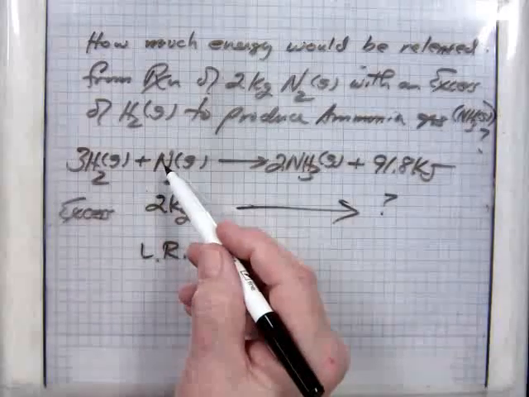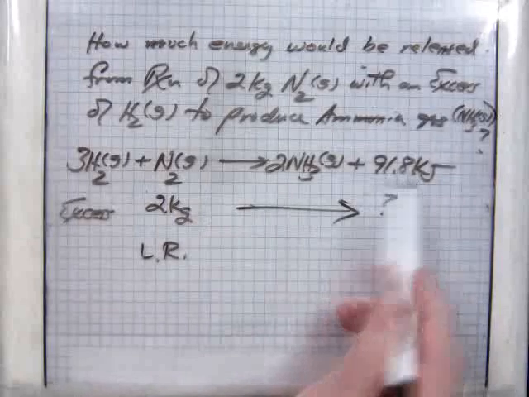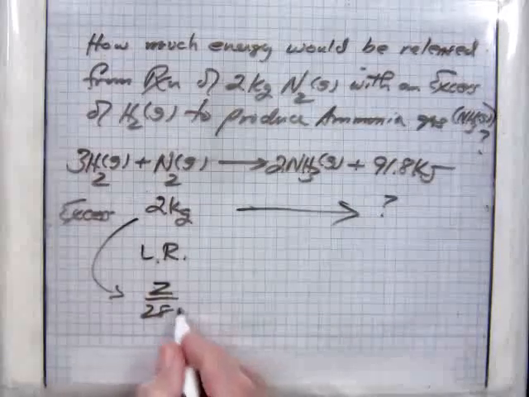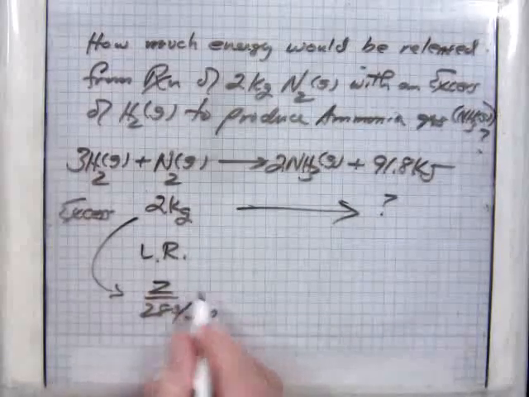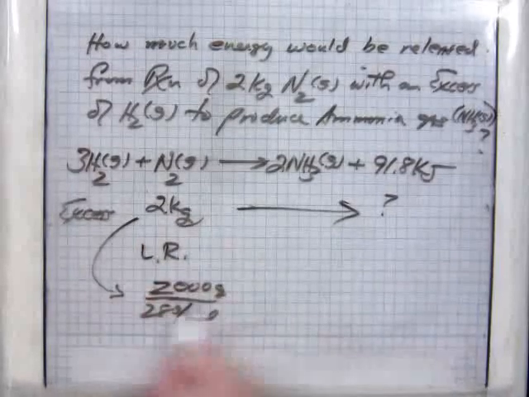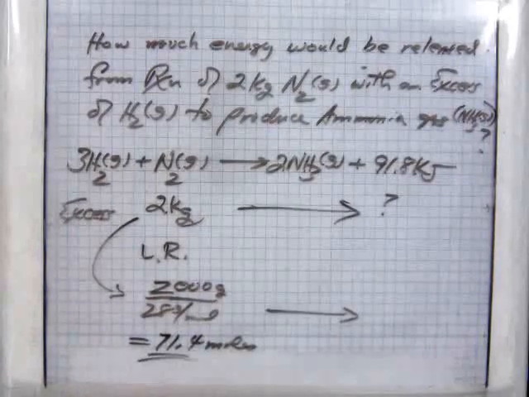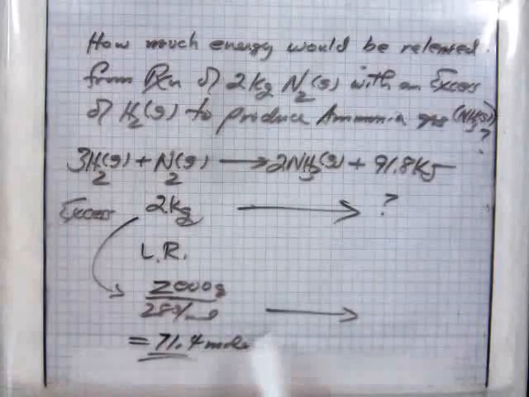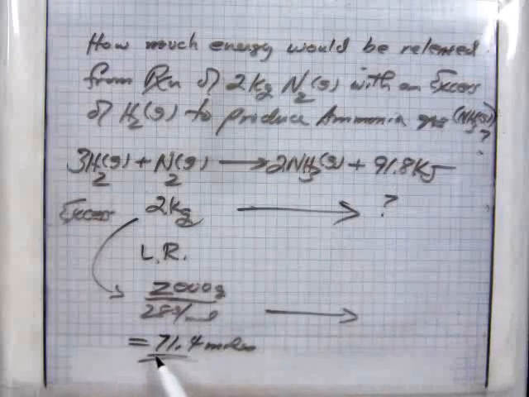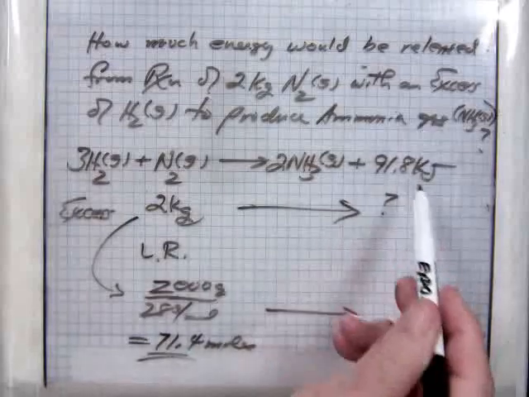Well, it says 1 mole will produce 91.8. So if we convert this to moles, that'd be 2 over 28 grams per mole, 2,000 grams, because 2 kilograms is 2,000 grams. And so, giving us 71.4 moles. So, if one will generate 91.8, how much will 71.4 generate? 71.4 times the 91.8.